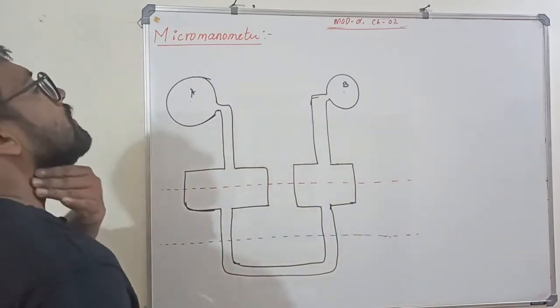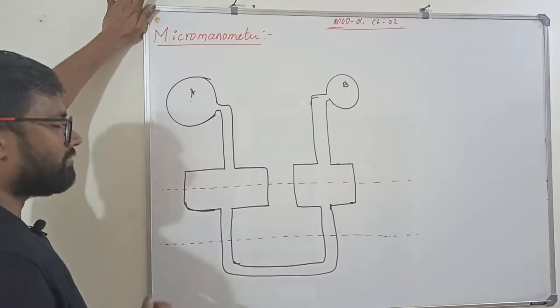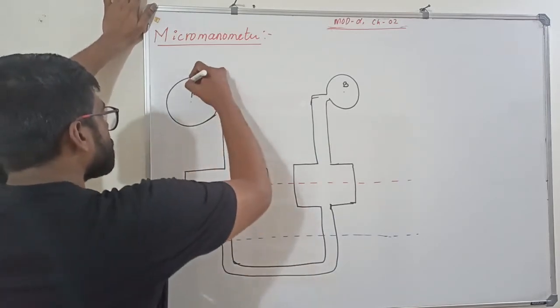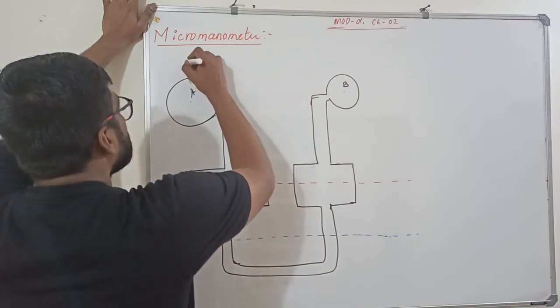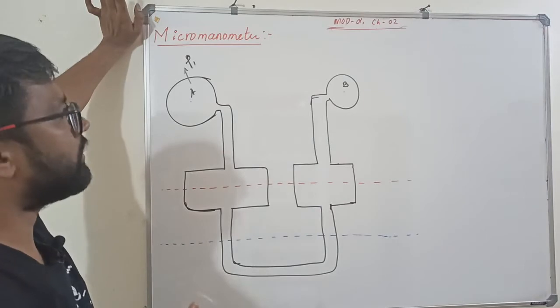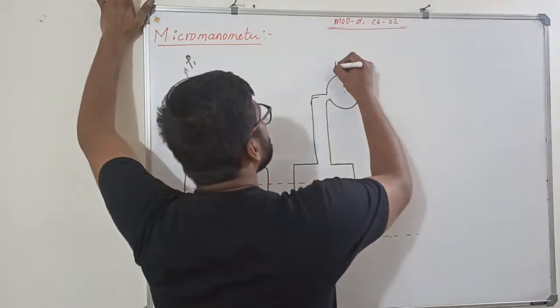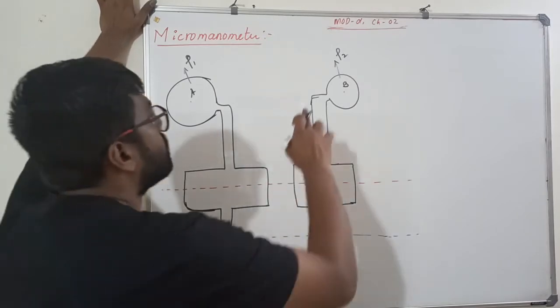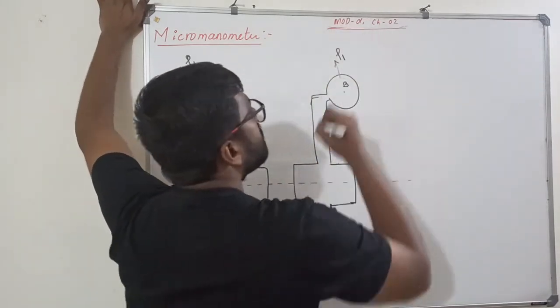Okay, now let us go to this problem, numerical. So let us say the pressure here is PA in the pipe and the density of the fluid is rho 1. The same fluid is going through your rho 2 as well, which is rho 1.